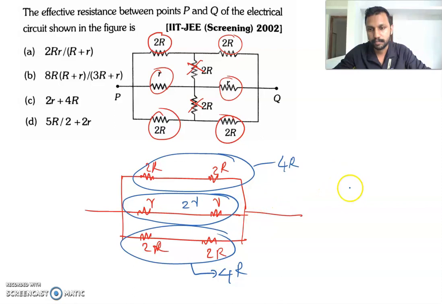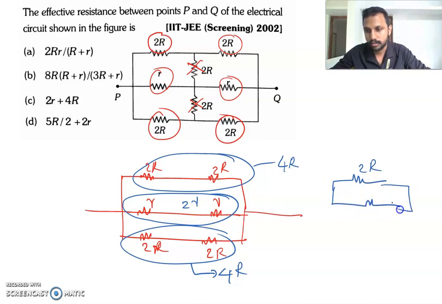4R and 4R are in parallel, therefore the effective resistance of these two parallel combinations will be 4R by 2, that is 2R, which is parallel to this 2 small r. This is the next combination.